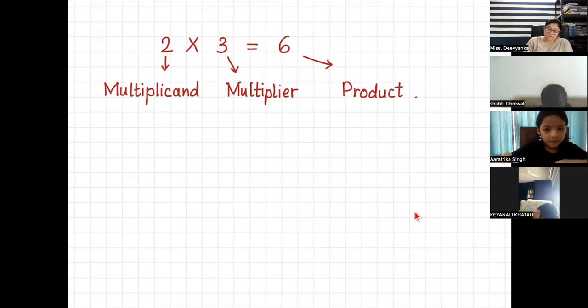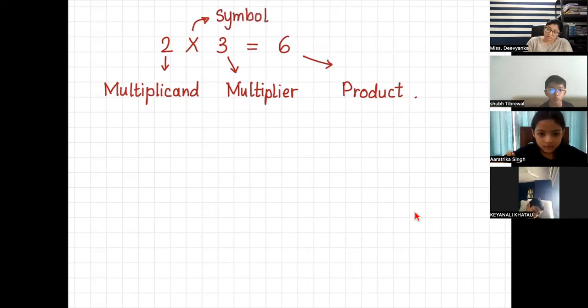And this cross here, this is your symbol of multiplication. Okay? Symbol of multiplication.